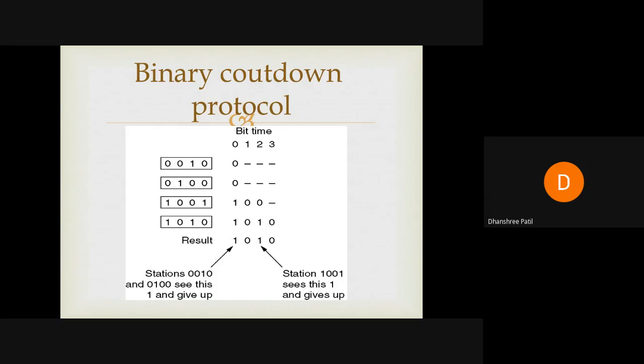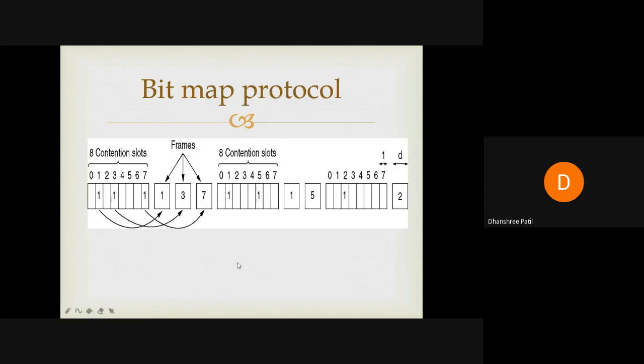That means each time you send one bit and then wait until the next turn. That is the problem related to the bitmap protocol. It will not work properly if the contention slots are too many or the stations are more. Then the bitmap protocol is not feasible.